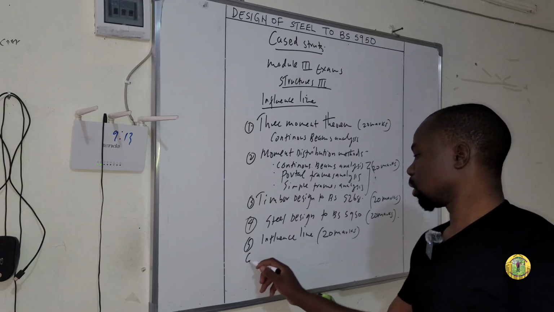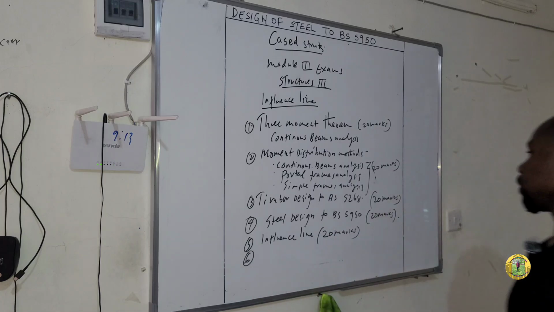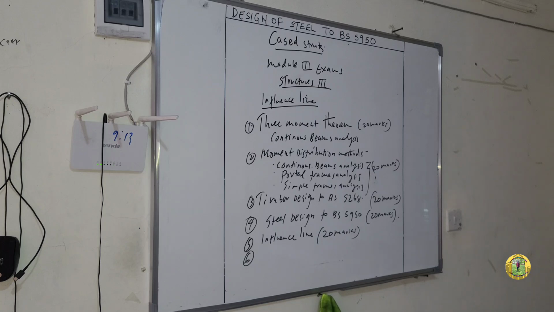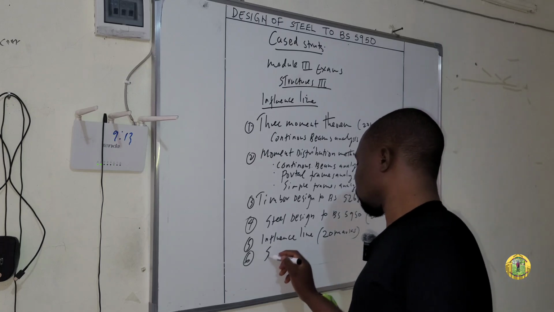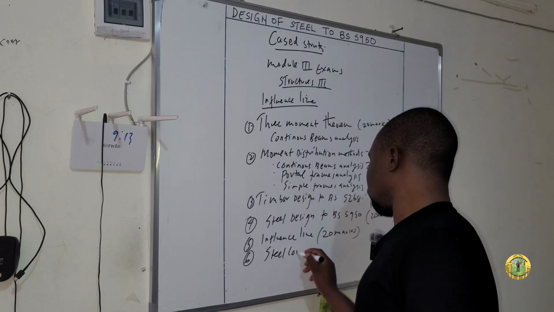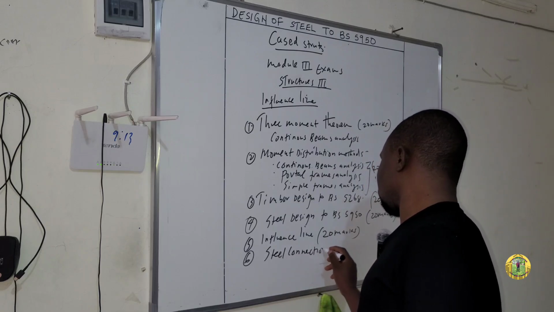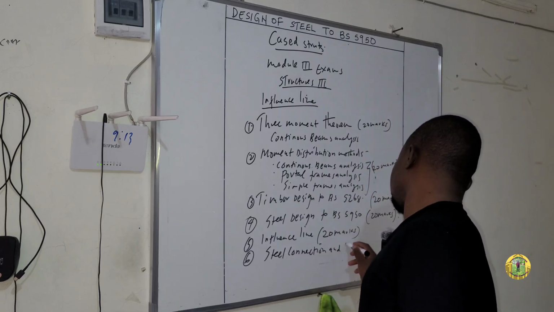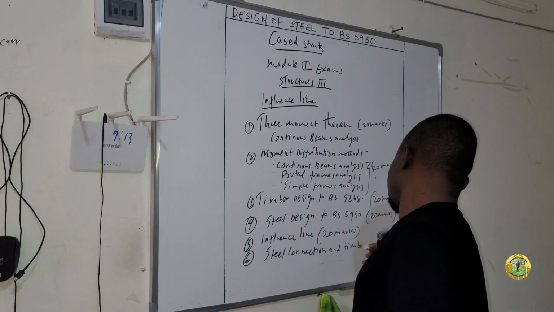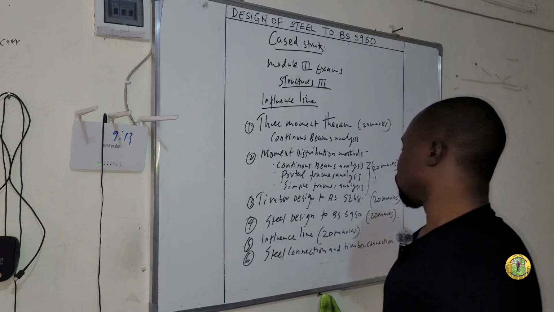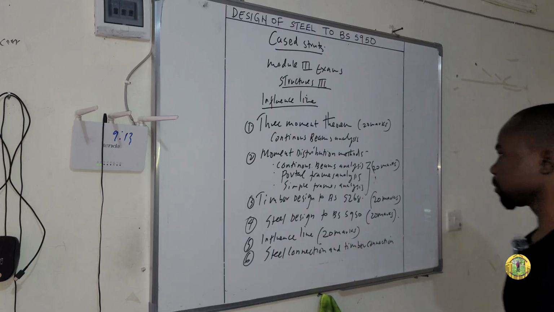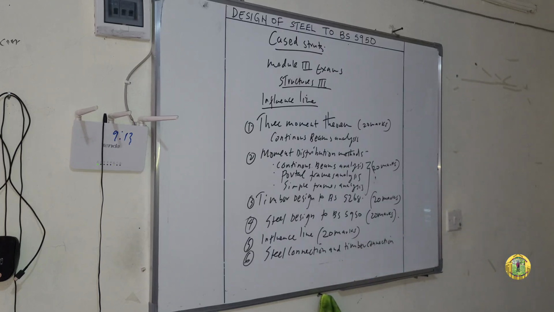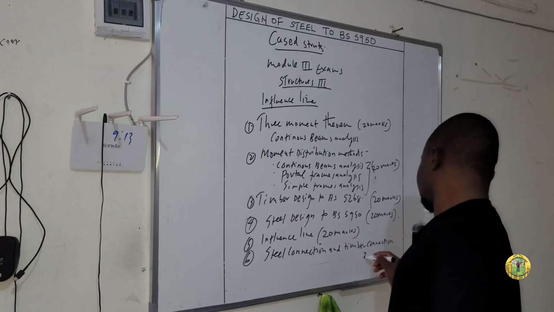We have another one called steel connection and timber connection. This one can either come or it may not. Again, 20 marks.